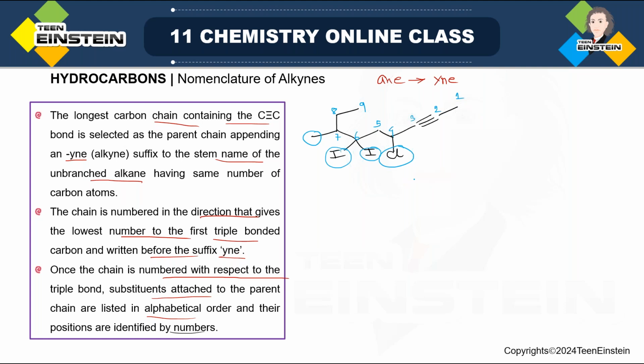So chloro should be mentioned first because C comes before the other two. Then diiodo, I before M. Then 7-methyl, and it will continue with non, because there are 9 carbons in total. Then you can write 2-yne. So: 4-chloro-6,6-diiodo-7-methylnon-2-yne. This is number 1.